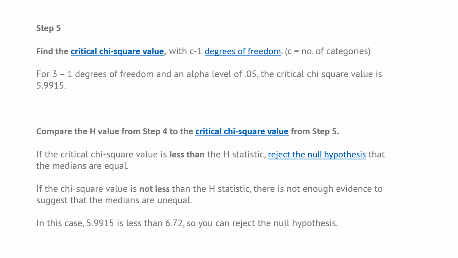It is less than 6.72, the H value that we got. So 6.72 is higher than the critical chi-square value, so you can reject the null hypothesis. We can say that salaries among men, women and the minority group are significantly different.